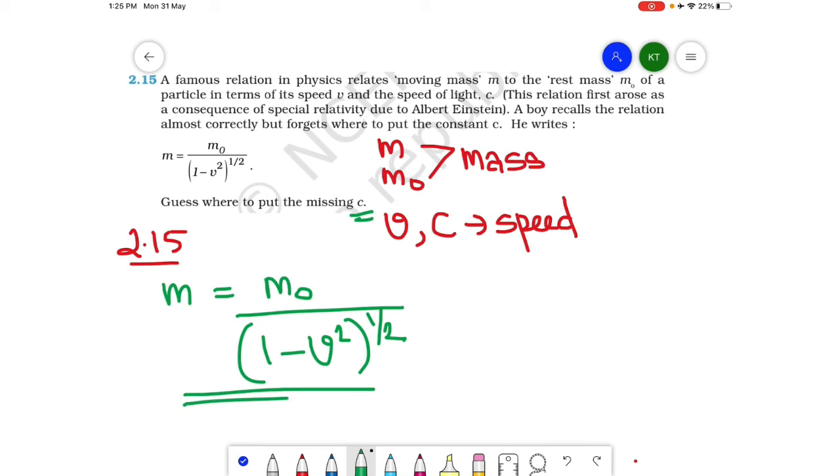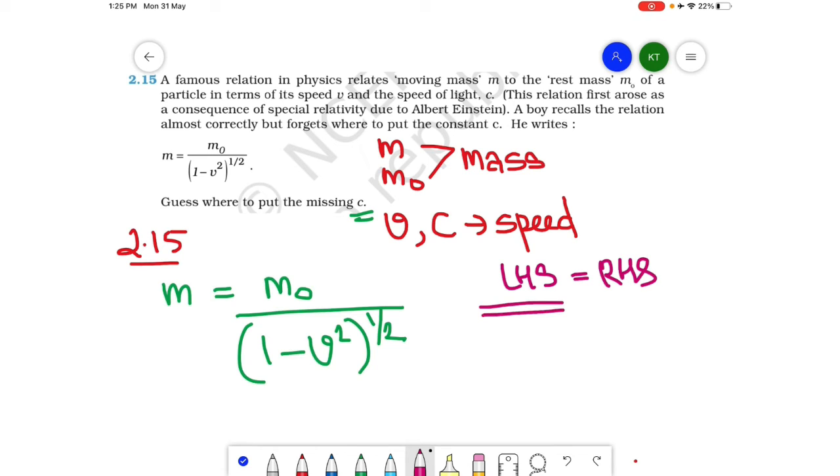So, what is given to us? This equation. We know from dimensional analysis that the left-hand side of an equation should be equal to the right-hand side of the equation. That is, the dimension on the left-hand side should be equal to the dimension on the right-hand side.